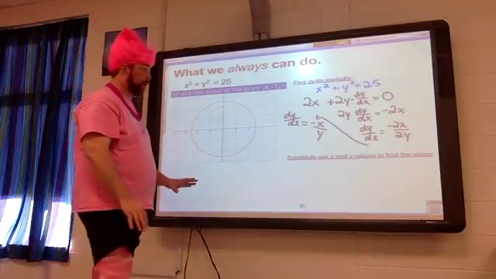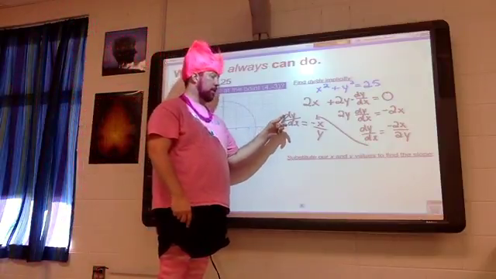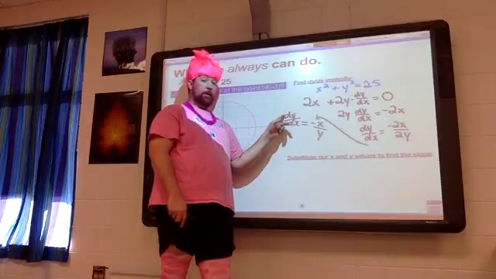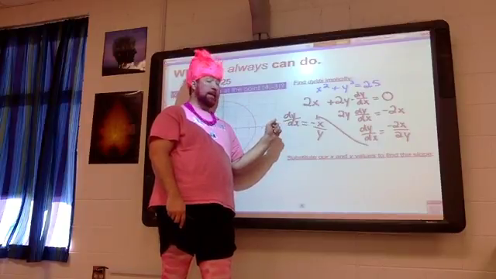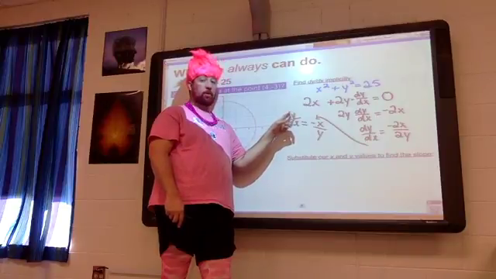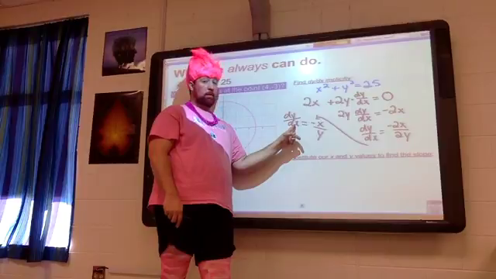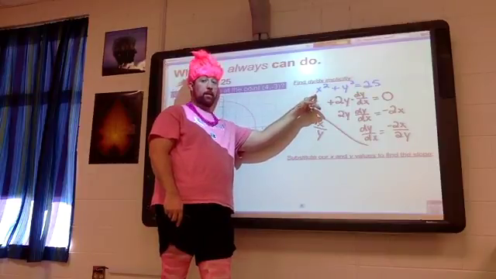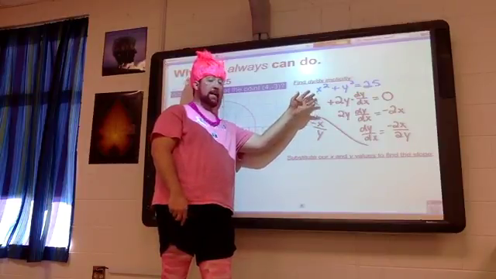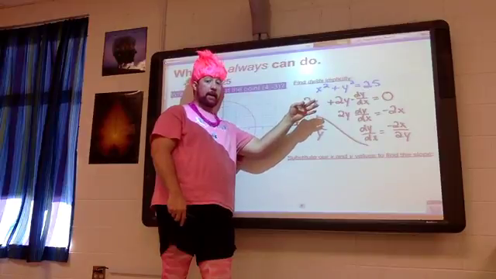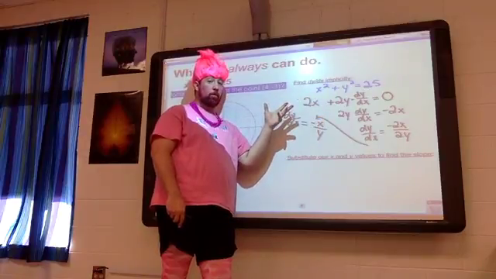Now a little side note before we go on. This notation, dy dx, specifically says this is the derivative of the function y with respect to x. So when we take the derivative of x squared, we're taking the derivative of the function y equals x squared with respect to x, and so we just do it like normal.